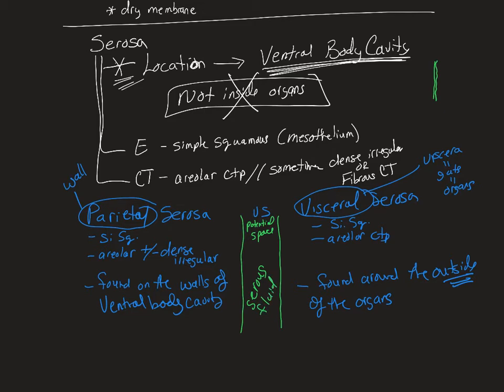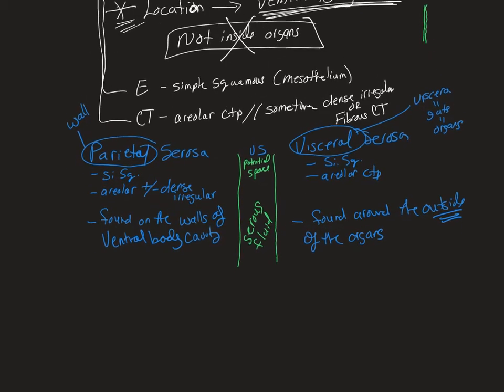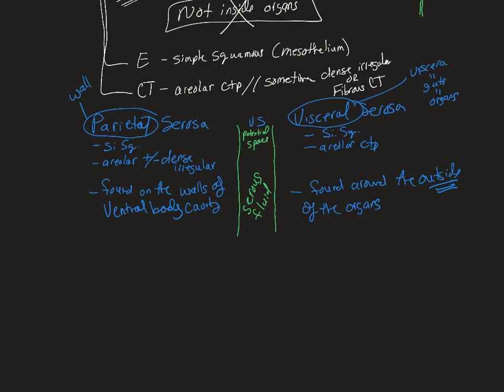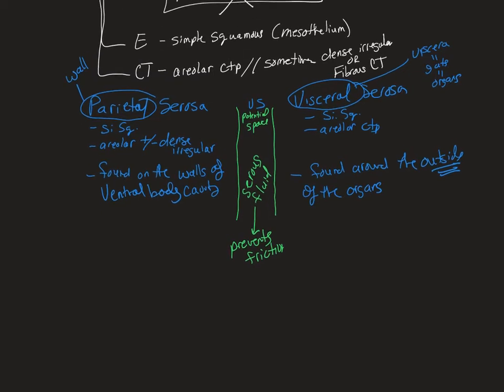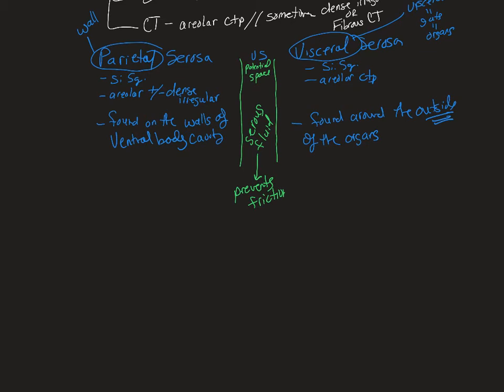Okay? We do not want things rubbing in the body that creates friction, heat, inflammation. It's bad. So the serous fluid prevents friction. All right, it lets the visceral serosa slide against the parietal serosa without sticking. Okay? Now, for these, we also get special names.